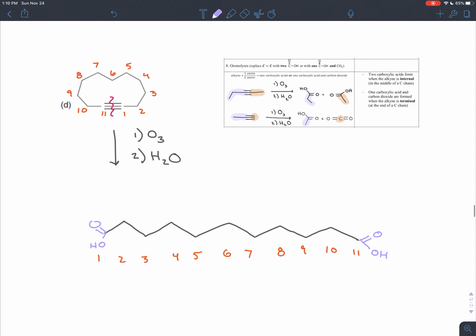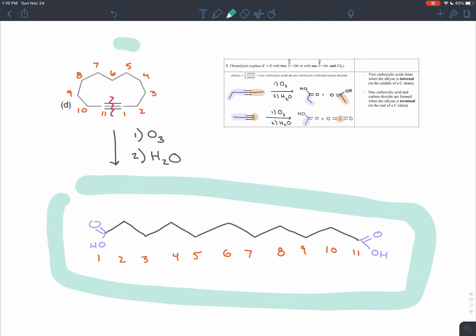So a carboxylic acid. And so this is really the product that you would get here if you took this cycloalkyne, that alkyne, that hydrocarbon with a triple bond going in a ring, and you bubbled ozone through it, O3, and followed it up with a water wash.